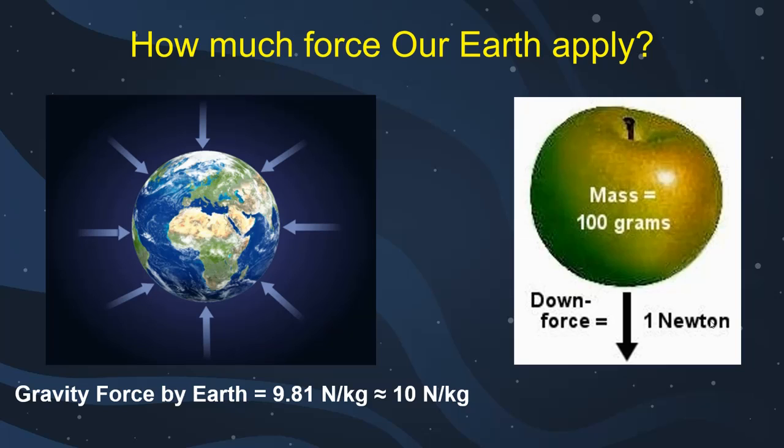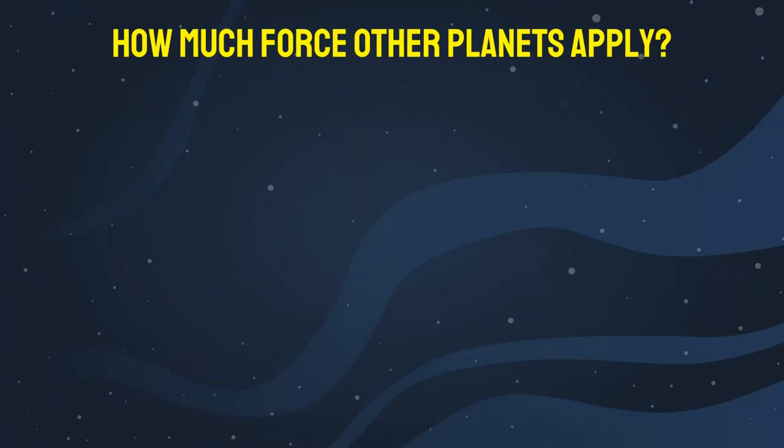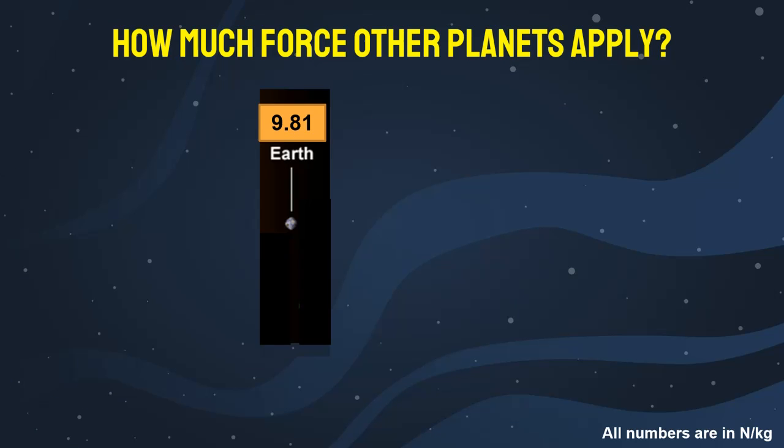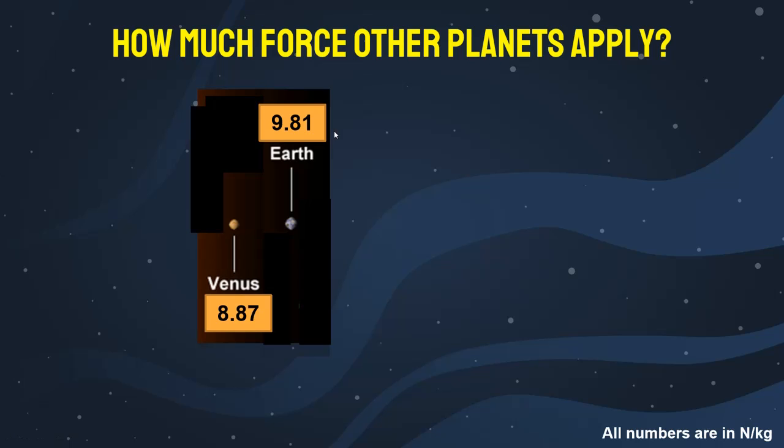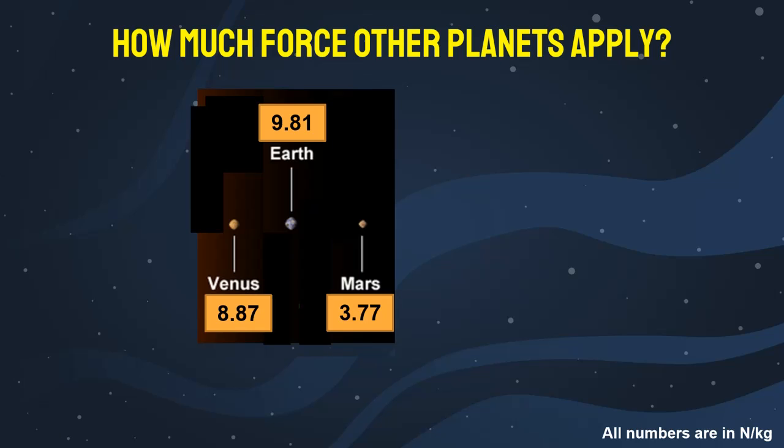Now let's see how all these planets apply force, how much that force is. The Earth is 9.81. Venus applies the force 8.87 approximately. All these numbers are in Newton per kg. Mars applies 3.77.